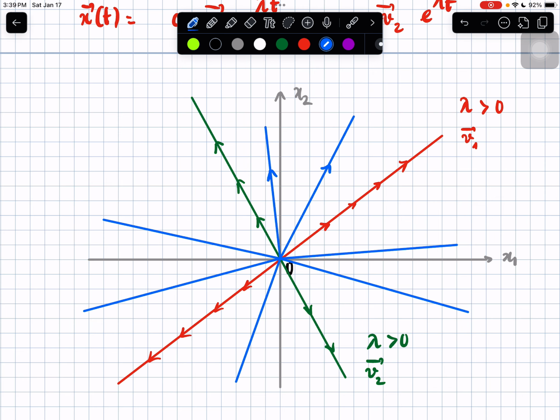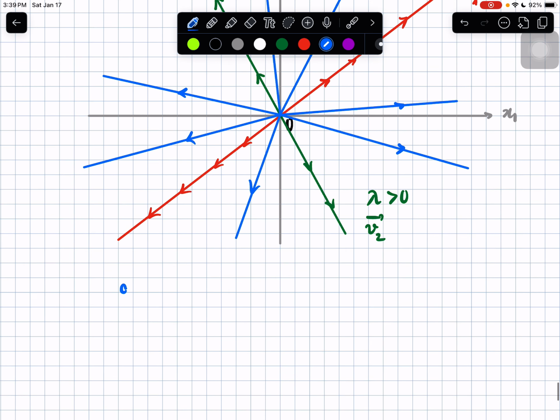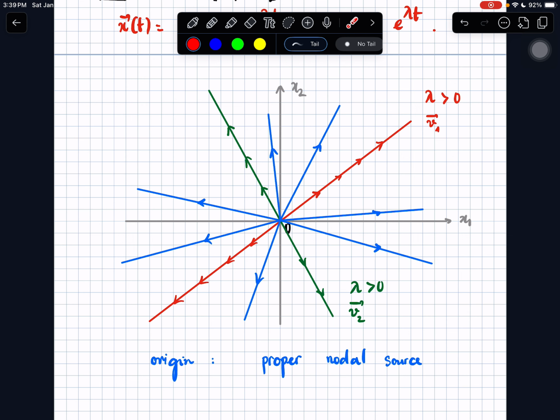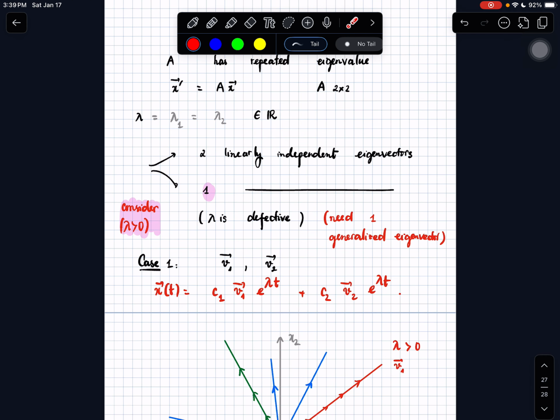Each line here corresponds to one solution. All of them go off to infinity because the two main ones go off to infinity. In this case, the origin is a source. This is a node, a nodal source, and this is proper. Each one of them is on a line, and they don't share the same tangent line. So this is the easiest case for repeated eigenvalues.